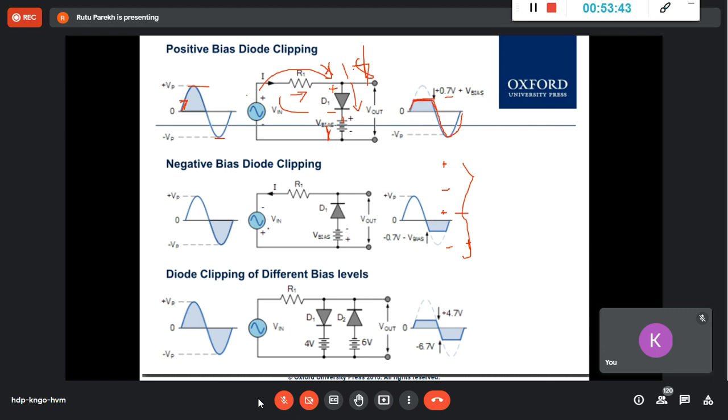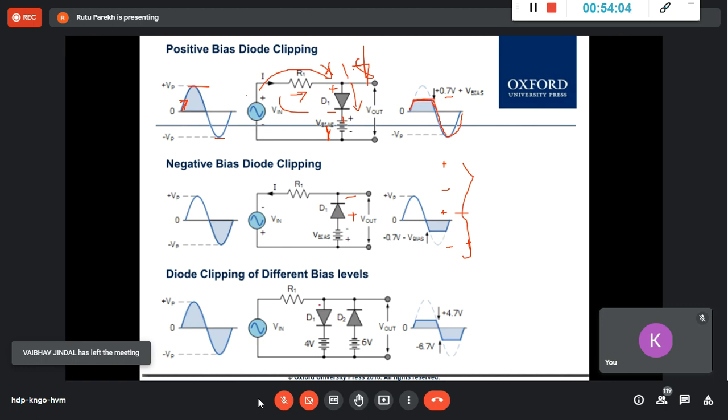And similarly for this negative, right? So now, this is minus, this is plus, and I will teach you when the polarity is opposite also, but this is additive. Okay. And the way you saw here, this will be clipped.